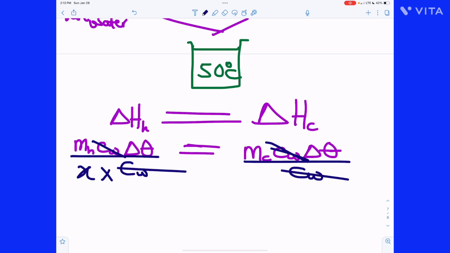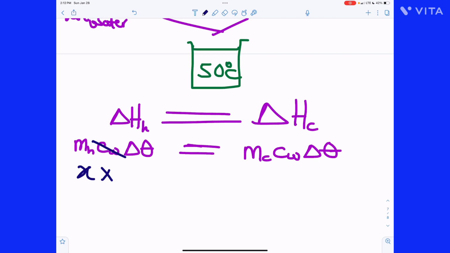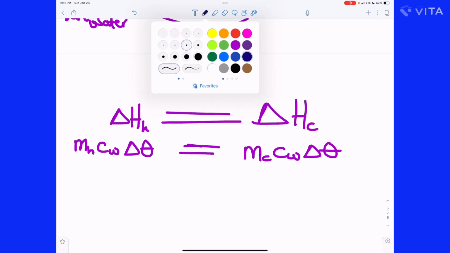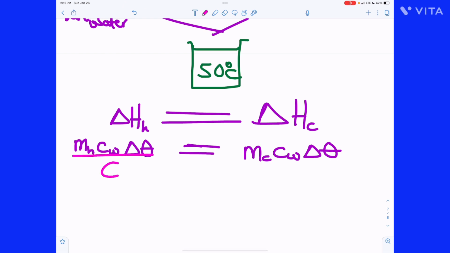If you divide this side too, the specific heat capacity of water will not be on both sides again. So that tells you mass of hot water times change in temperature is mass of cold water times change in temperature.